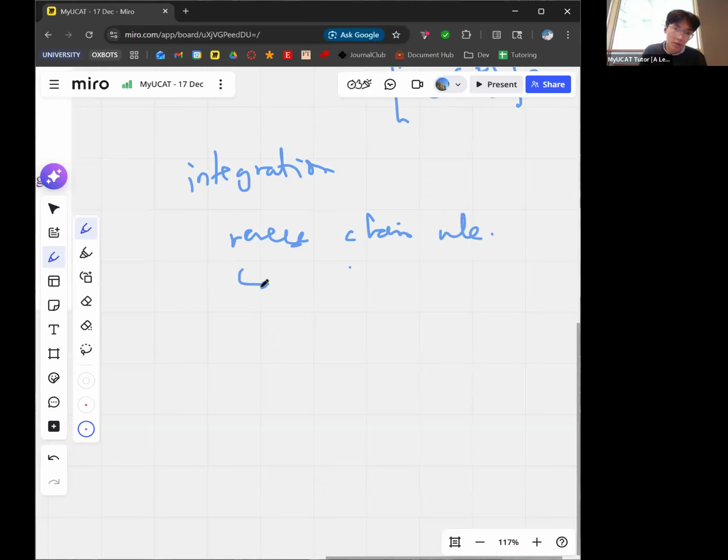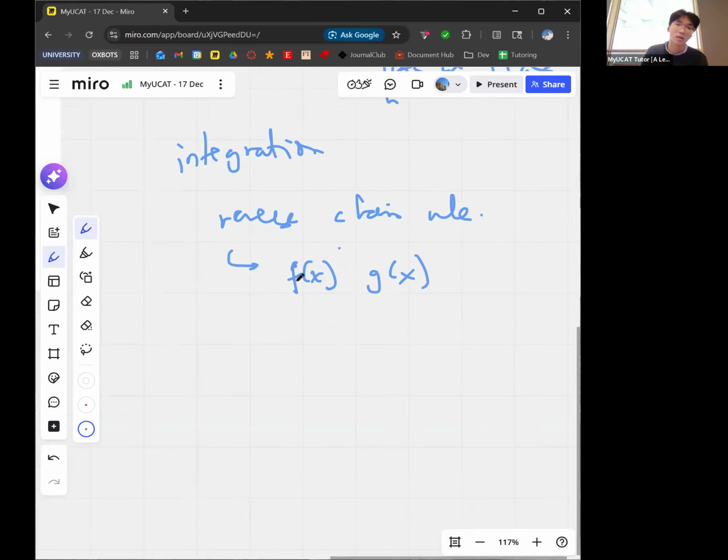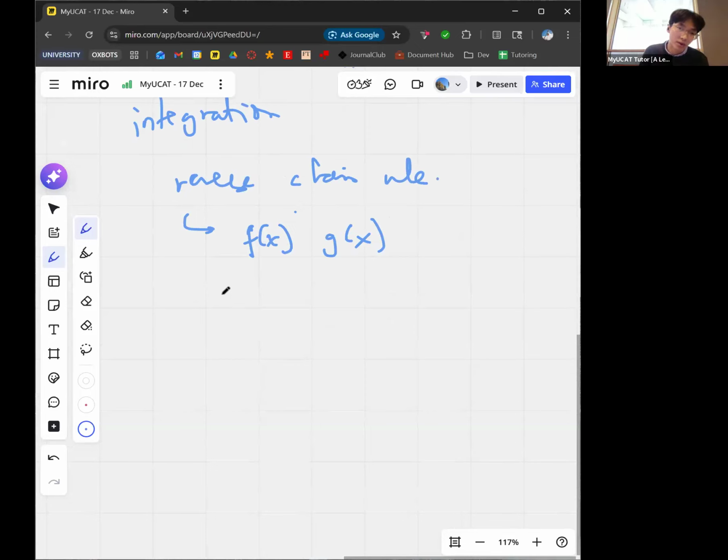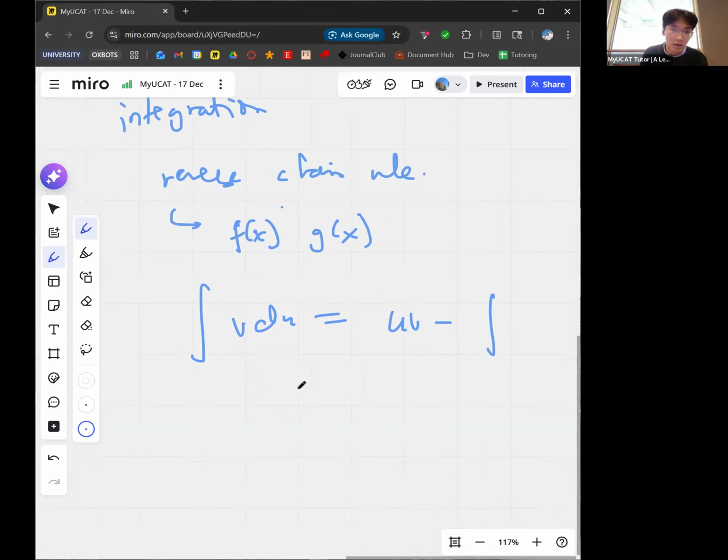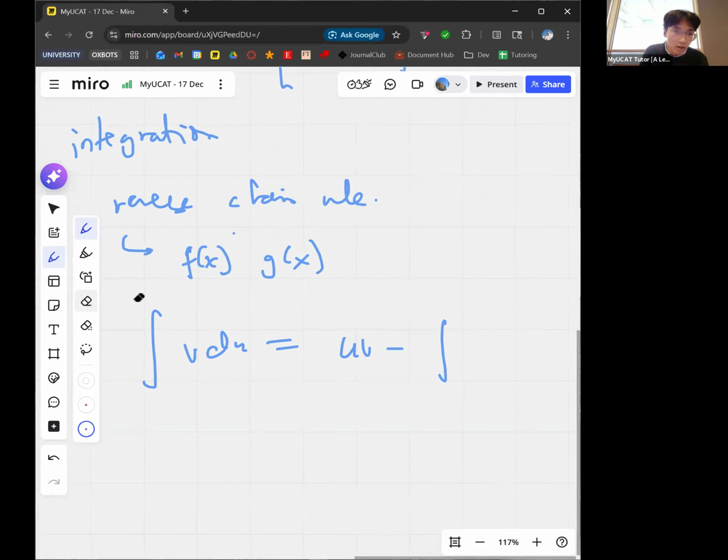So in theory, reverse chain rule is just that if I have two functions, like f of x multiplied by g of x, is there one that is easier to integrate and one that is easier to differentiate, right? So that's why we're integrating u dv, which is equal to uv minus the integral of v du.